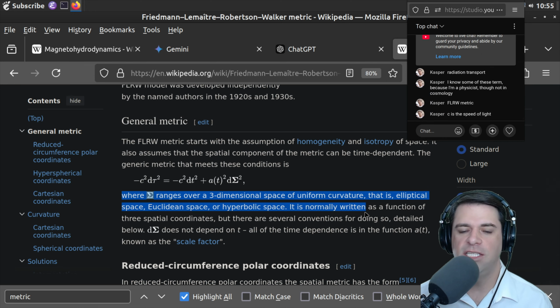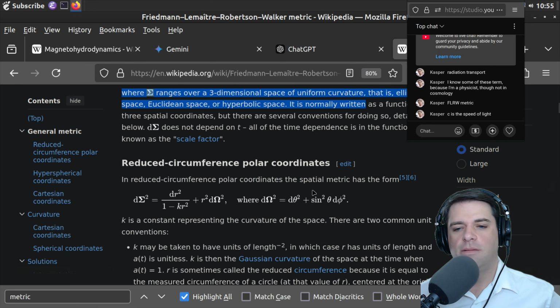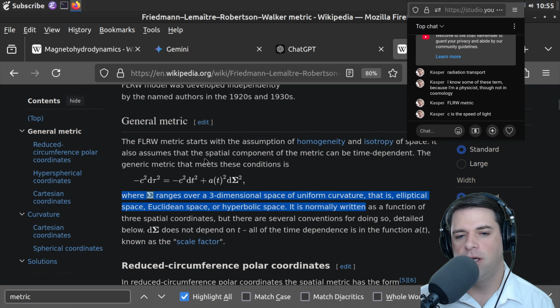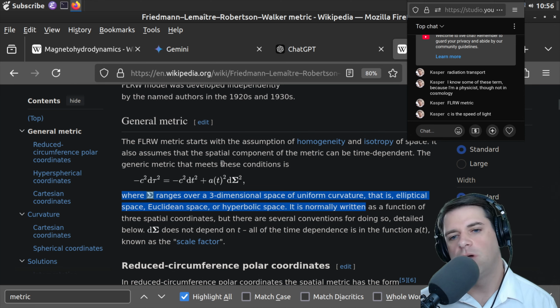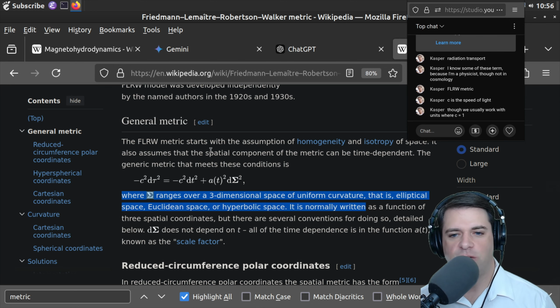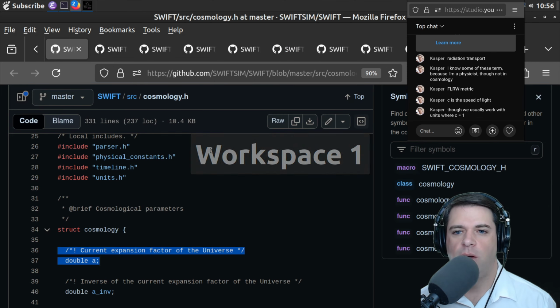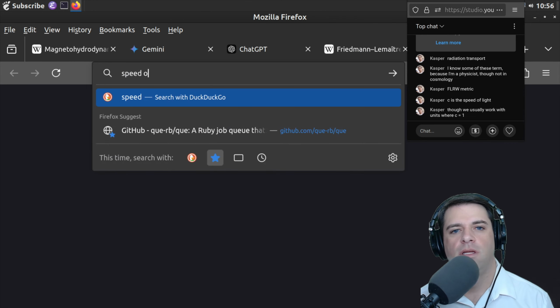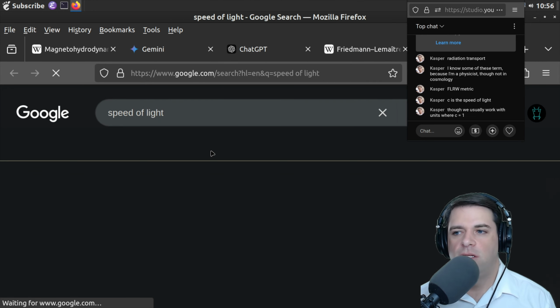C is the speed of light. All right. Well, there you go. So that's a common thing. I guess C is there to kind of normalize it so that as you're doing computations on the cosmological scale, you don't have huge numbers, 10 to the something or other.